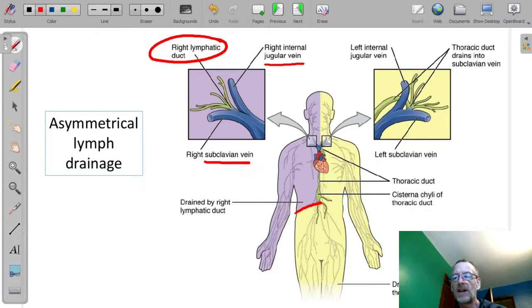On the left side of the body, the other remaining 3/4, if you will, both legs, all of the abdomen, and the left upper extremity, left chest, left side of the head, all of that drains into the thoracic duct.